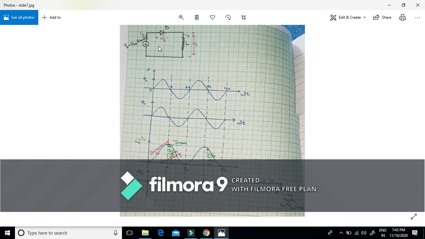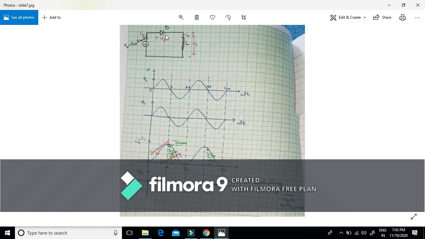The anode terminal of the diode, if this is anode and this is cathode, is less negative as compared to the cathode terminal, because the inductor that has stored its energy is more negative as compared to the source voltage.